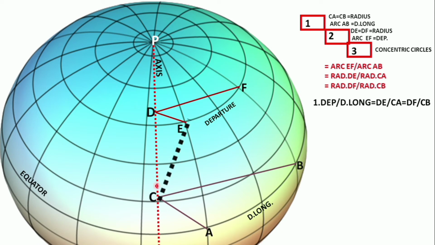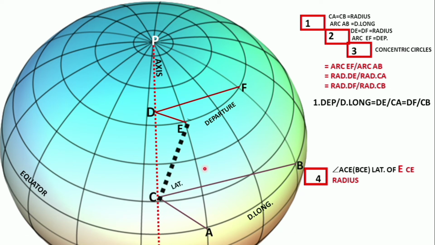Now this C to E, that's also the radius of the Earth. And angle ACE or BCE is the latitude of E. Latitude is the angle at the center or arc of the meridian contained between equator and parallel of latitude here.